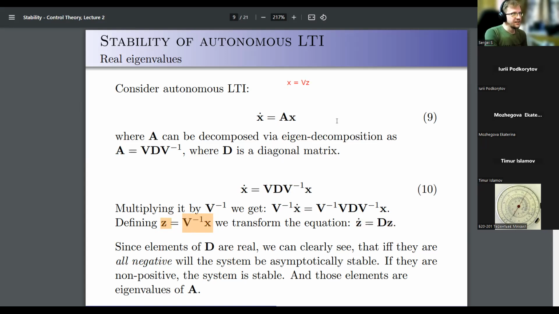If Z converges to 0, X will also have to converge to 0, because a 0 vector multiplied by any matrix is a 0 vector. So it would converge.